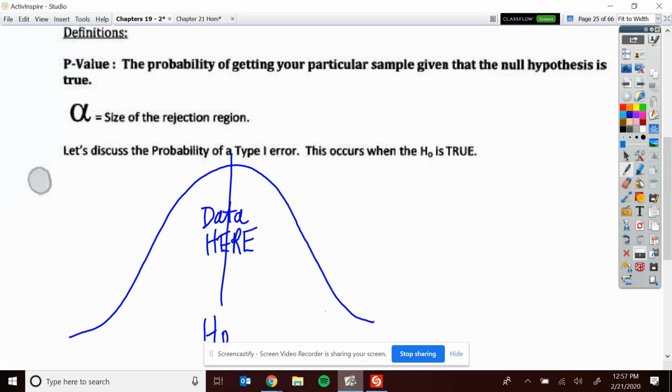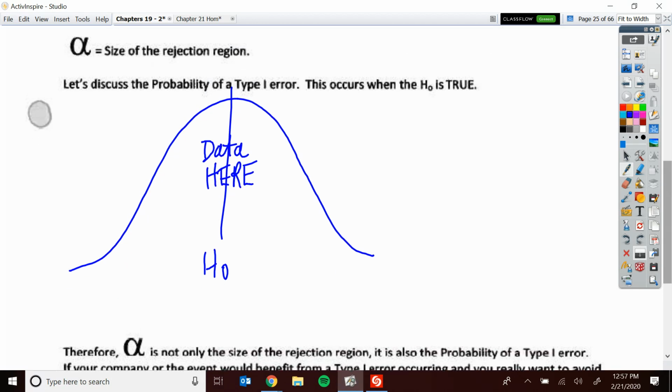There's our data right here. So we have samples all over this place. We do have some up here. In fact, they're all over the place.